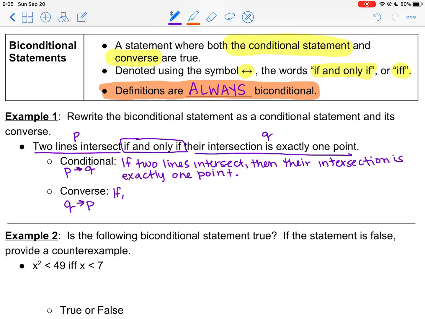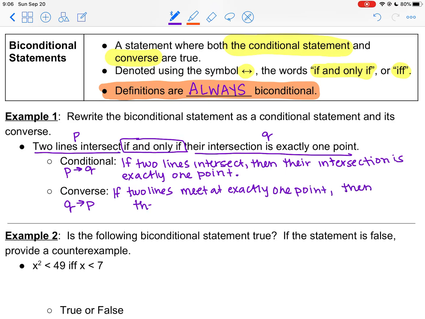I sometimes have to change my wording a little bit to make it make sense. So if we said if their intersection is exactly 1 point, we don't really know what we're talking about. So if two lines meet at exactly 1 point, then they intersect.